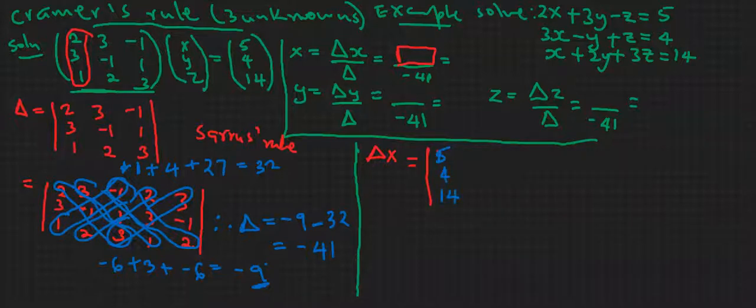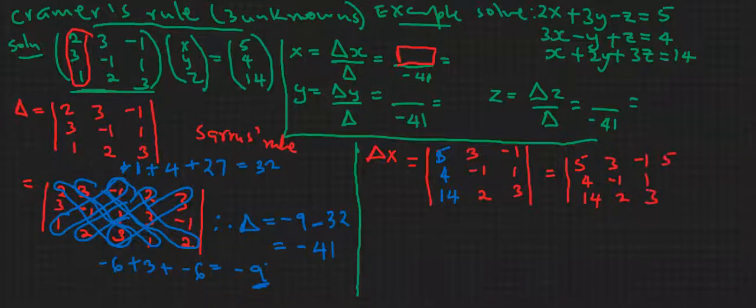But the rest of the coefficients remain the same: 3, negative 1, 2, negative 1, 1, 3. So using Sarrus' rule, 5, 4, 14, 3, negative 1, 2, negative 1, 1, 3. And then repeat the first column, 5, 4, 14, and the second one, 3, negative 1, 2 only.